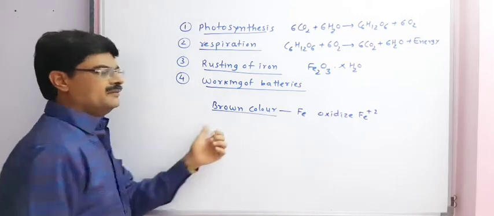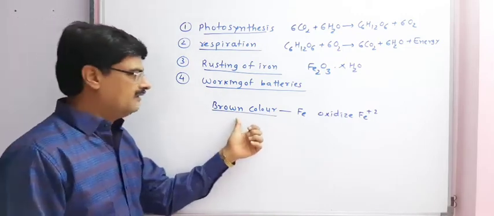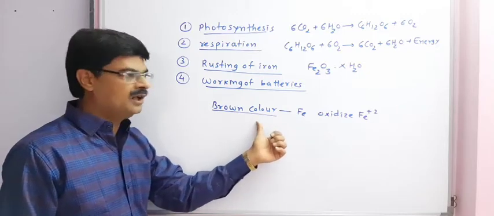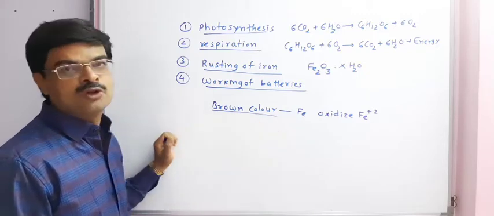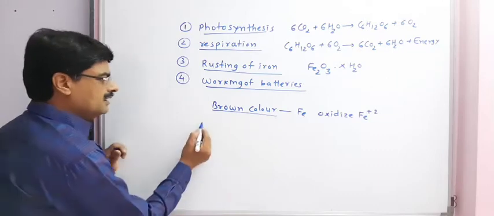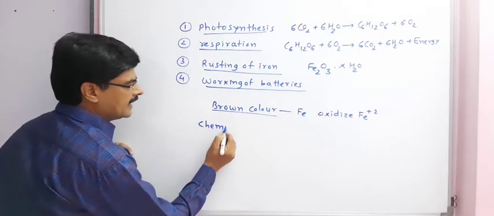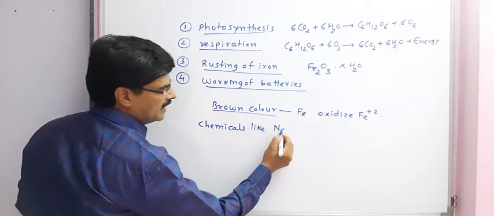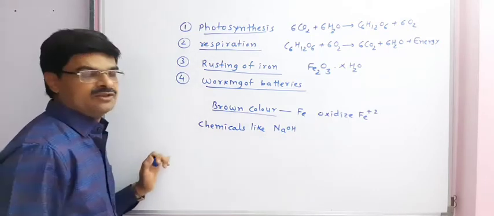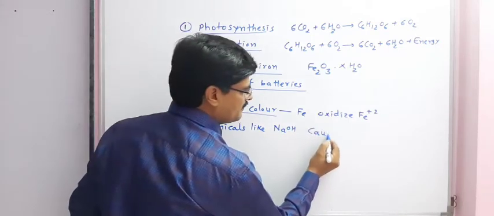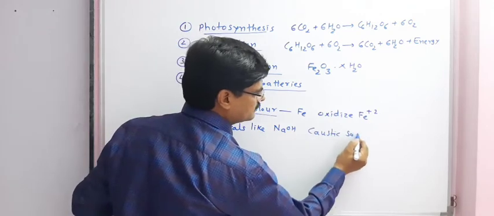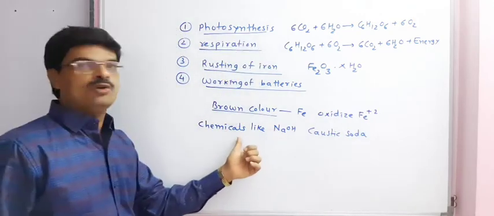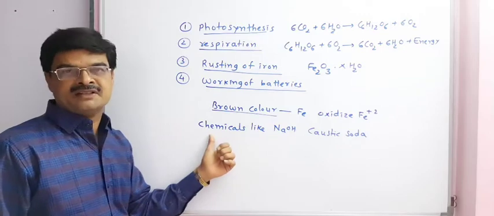In the same way, in most fruits, when cut and left, the color change is because of redox reaction. Chemicals like NaOH, caustic soda, are also made by redox reaction.